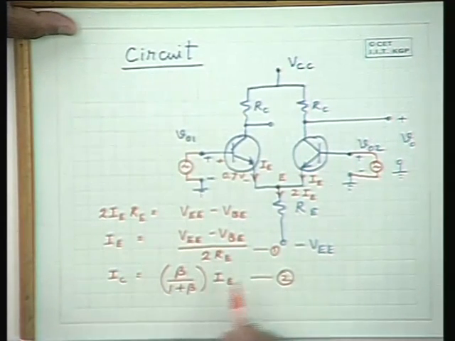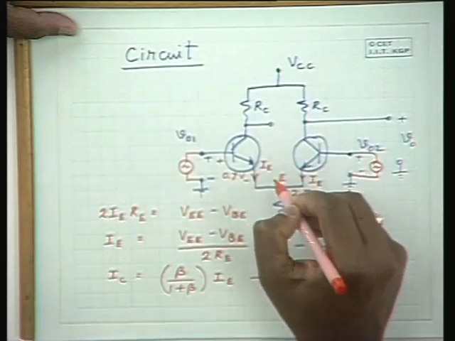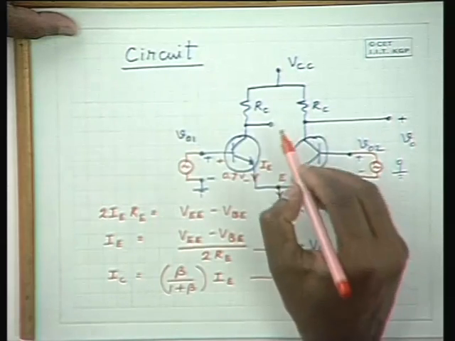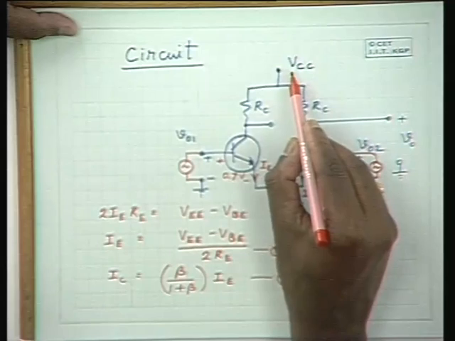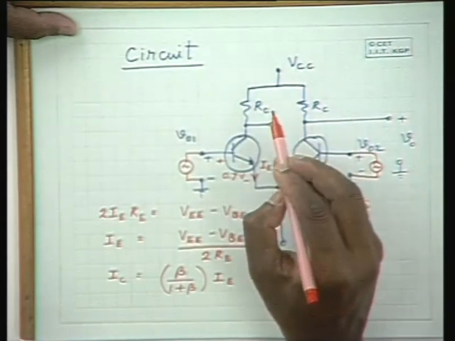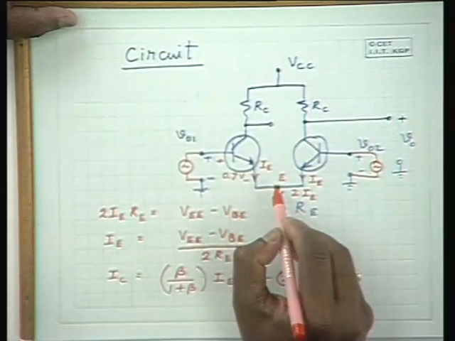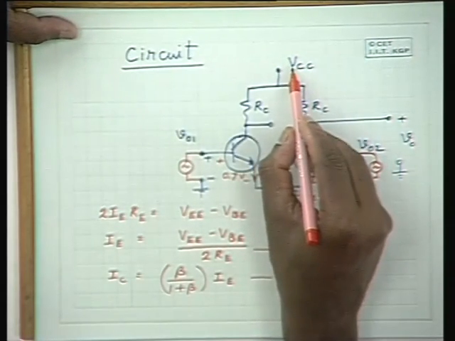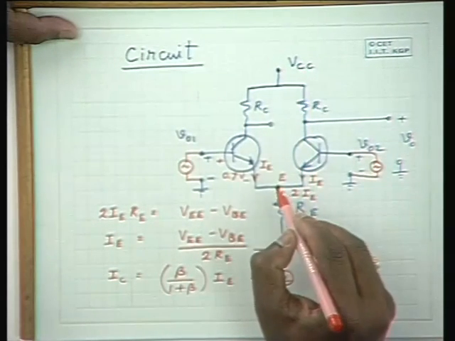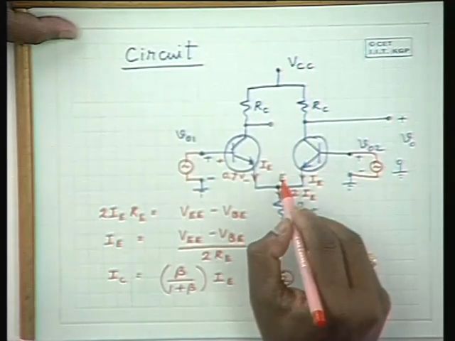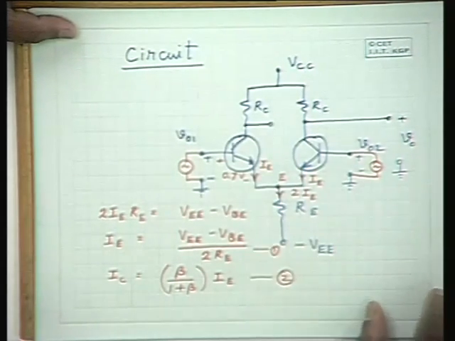And once IC is known, we can find out what is the VCE here. VCE is equal to VCC plus 0.7, because the emitter is at minus VBE and this is at plus VCC.